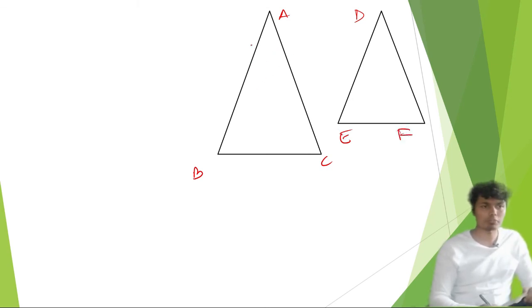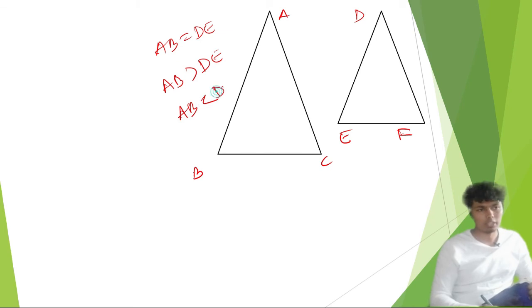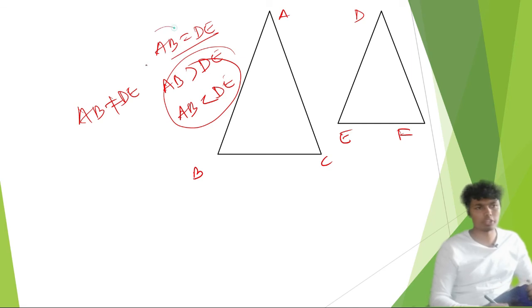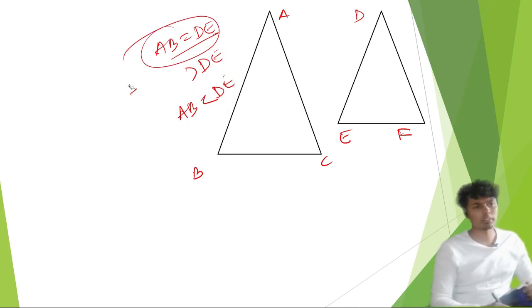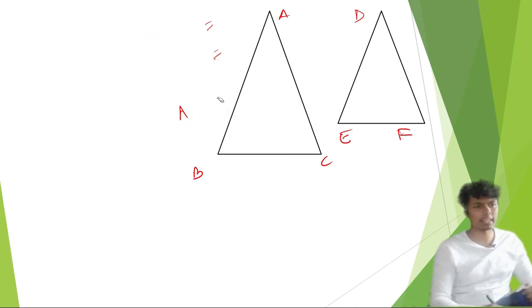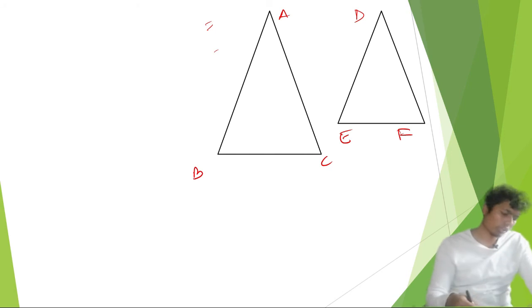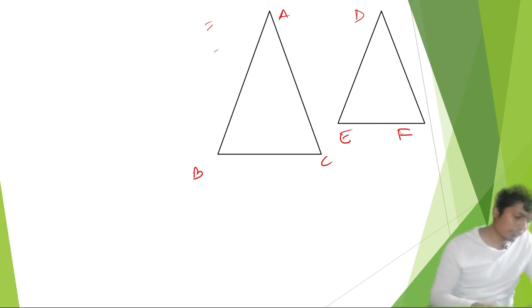One case is AB equal to DE, another is AB greater than DE, and another is AB less than DE. So let us combine the last 2 and say AB does not equal DE, and first is AB equal to DE. If you look at the proof, first they are taking case 1. What is case 1? Case 1 says if AB is equal to DE.